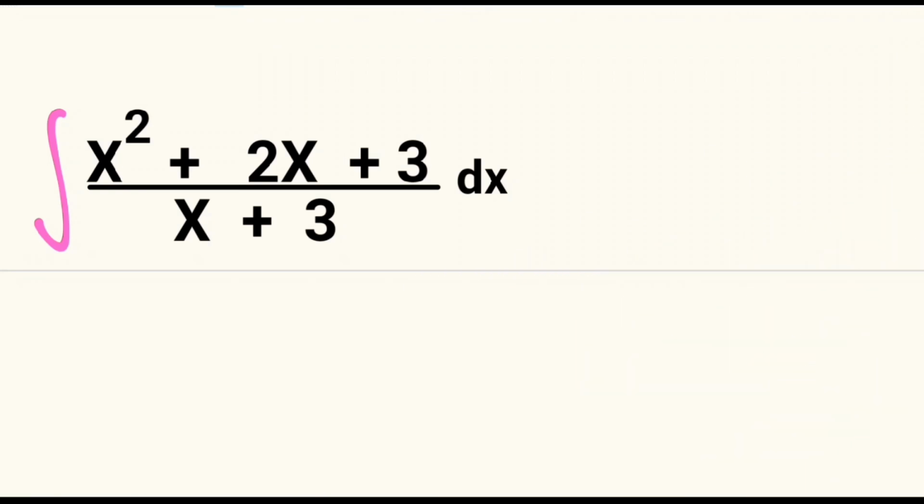We integrate x squared plus 2x plus 3 divided by x plus 3, and the power in the numerator is greater than the power in the denominator. We simplify the integrand by long division.